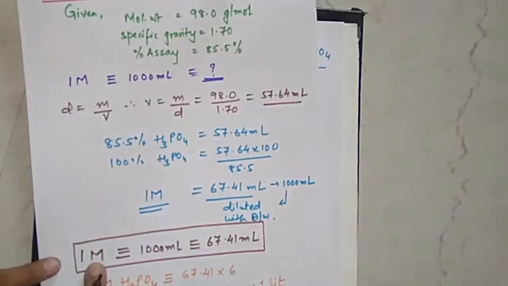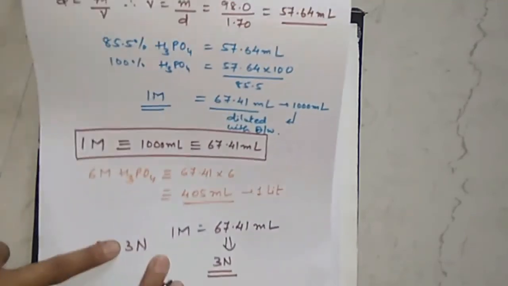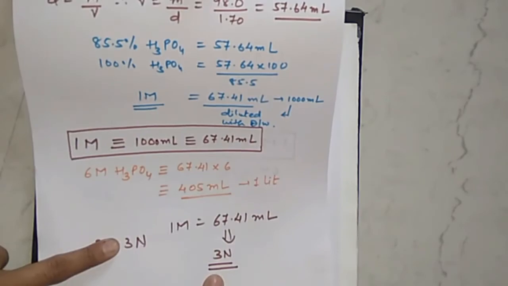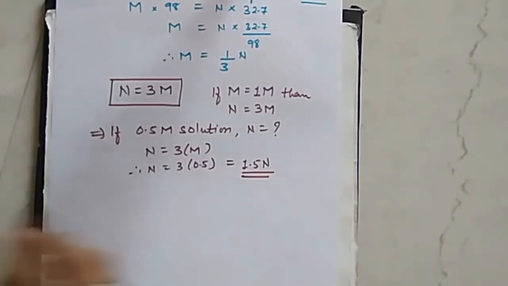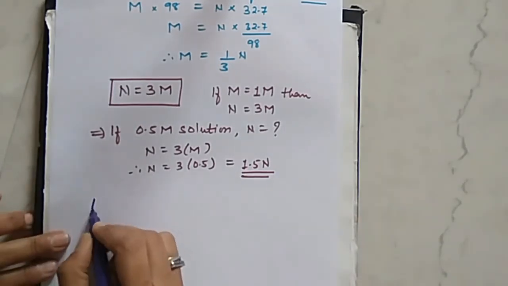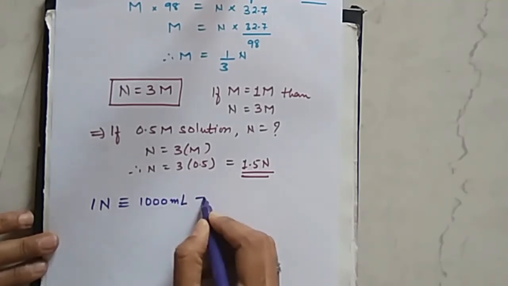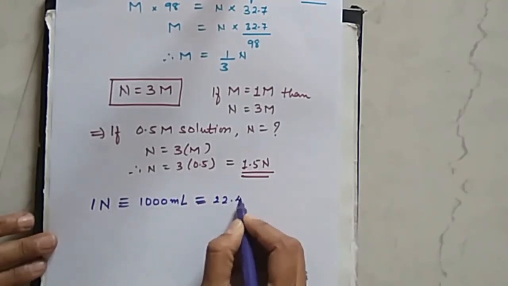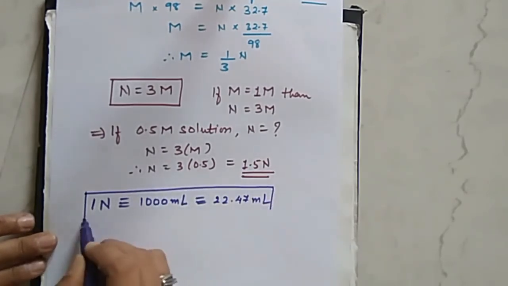For 1 molar solution we require 67.41 ml, and that will be equivalent to a 3 normal solution. So if we want to prepare a 1 normal solution, for preparing 1 normal 1000 ml we require 22.47 ml of the concentrated acid.